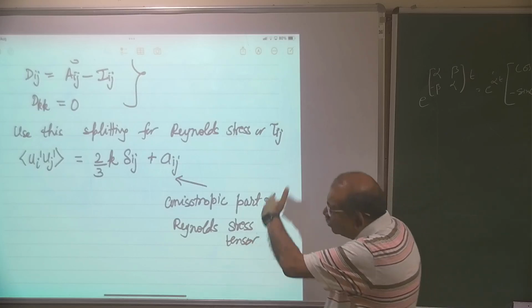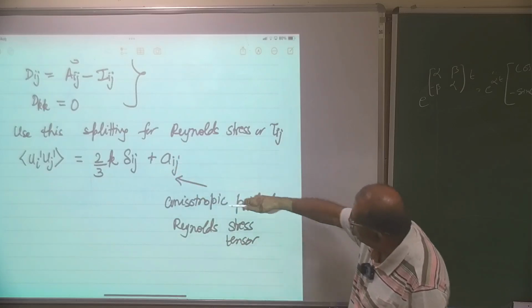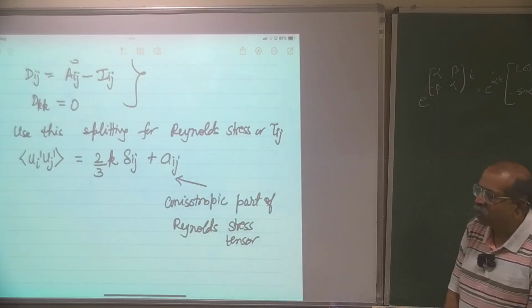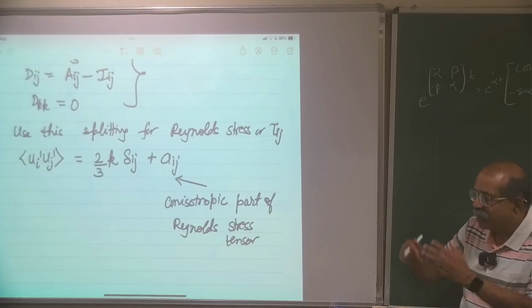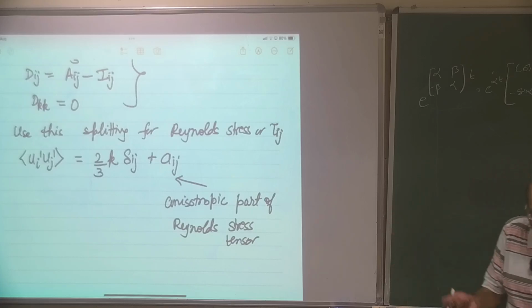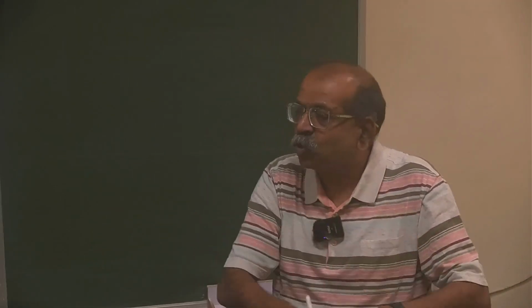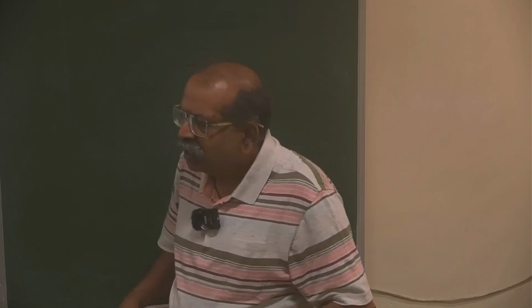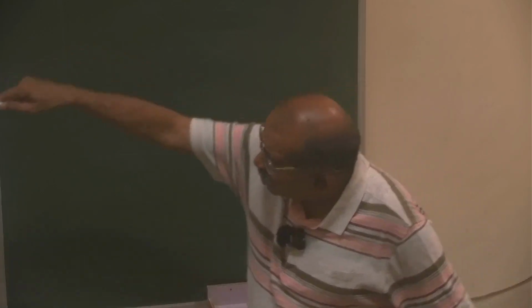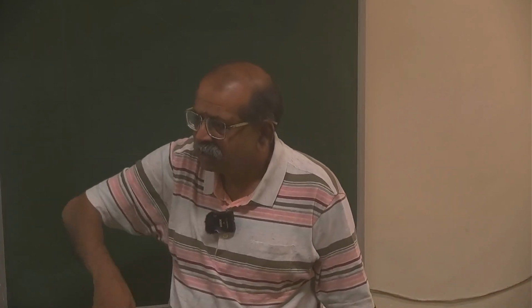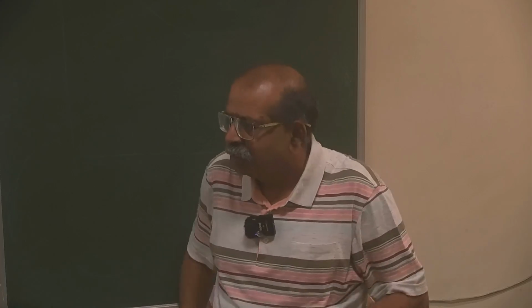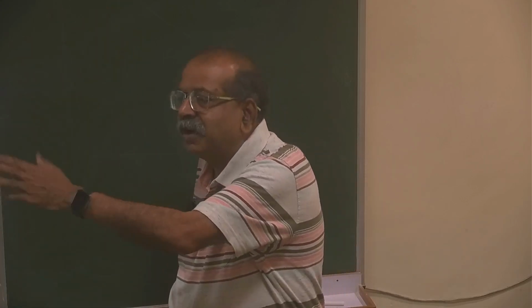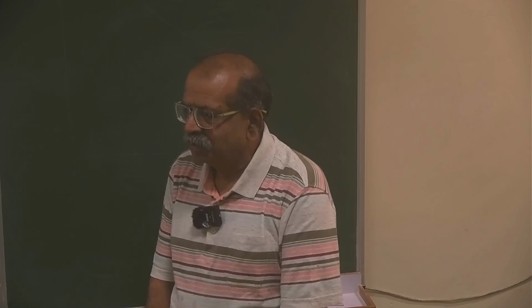So this term combines with the pressure term, and we are left with only the anisotropic part of the Reynolds stress. Normally we talk of u1 u2, u prime v prime as the Reynolds stress. We don't talk of u1 prime square, u2 prime square, u3 prime square, the reason being that these diagonal parts normally come out as a gradient and are clubbed with the pressure term.